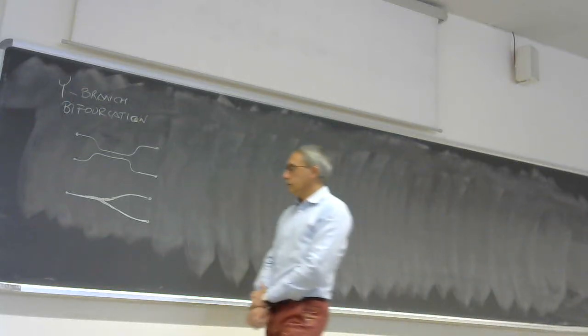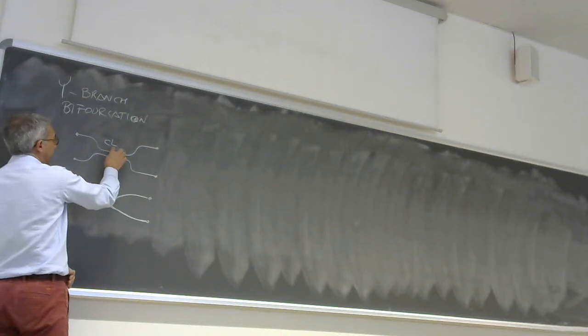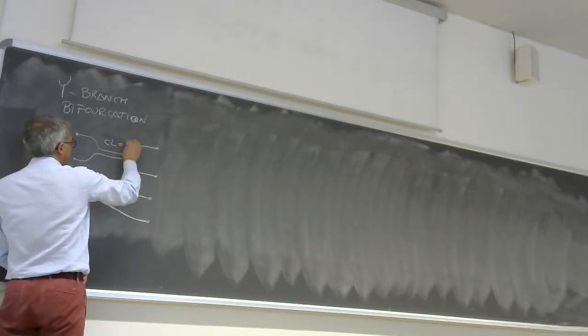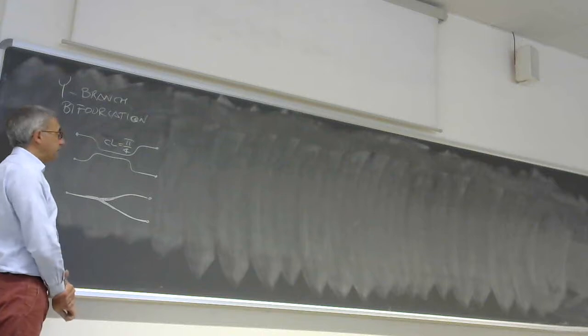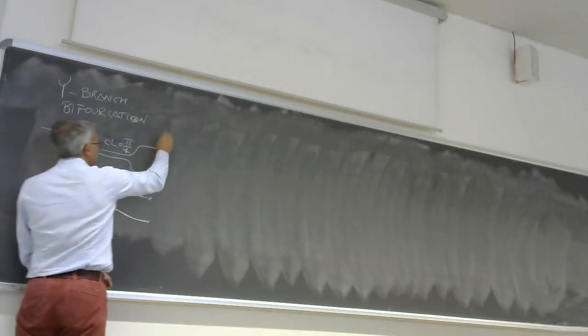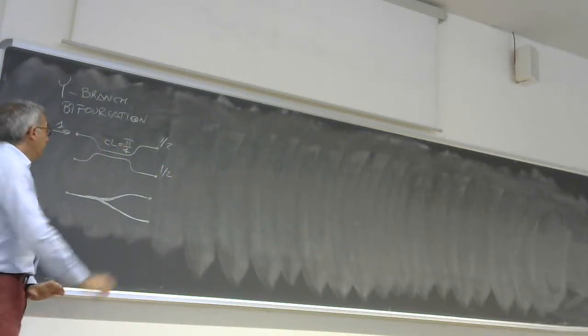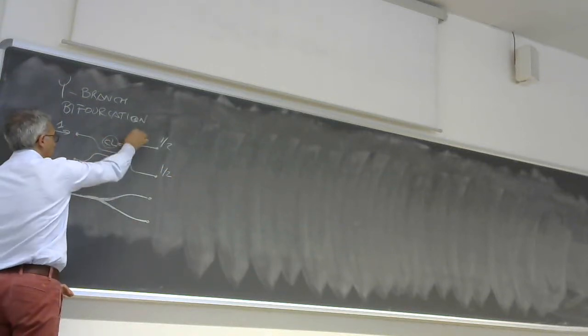If you choose carefully the product CL in the directional coupler equal to pi divided by 4, if you enter from here, you divide the power in two. But you have to control this quite carefully.